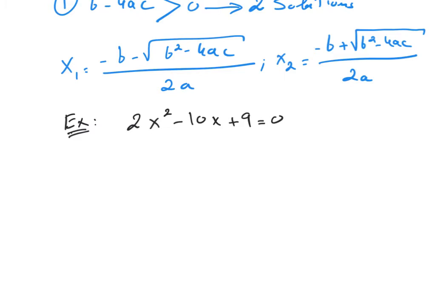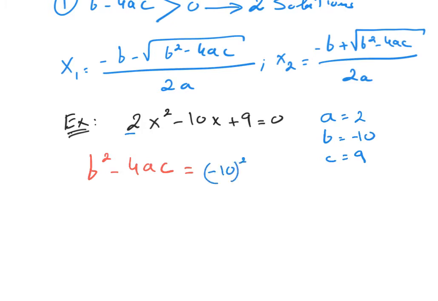So we know that the discriminant is b squared minus 4ac. First we have to identify what a, b, and c are. So a will be 2, b will be negative 10, and c will be 9, right? So here we're going to have b squared, which is negative 10 squared, minus 4.